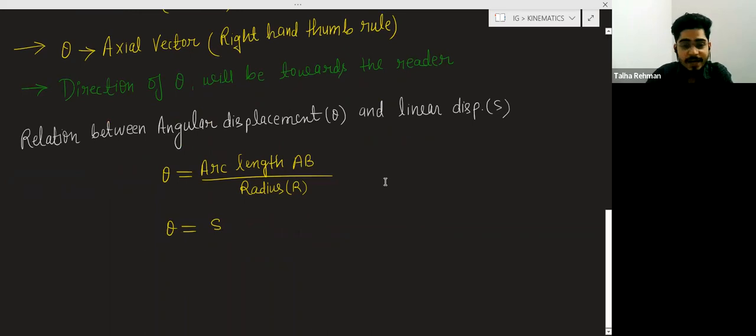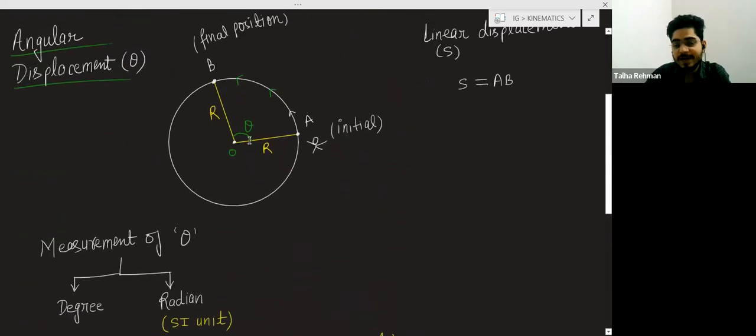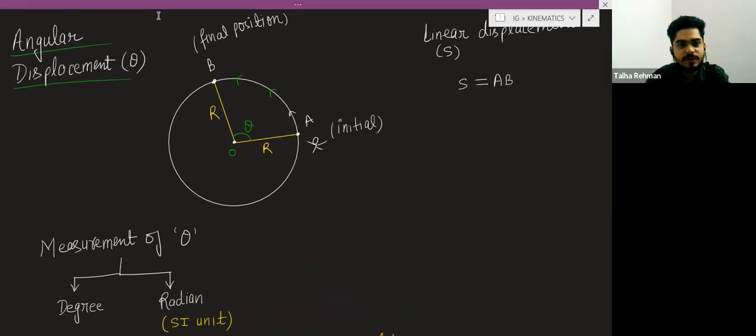But this is valid when your theta is very small. If your theta is small, then you can say the straight line distance AB and the curved AB will be the same.